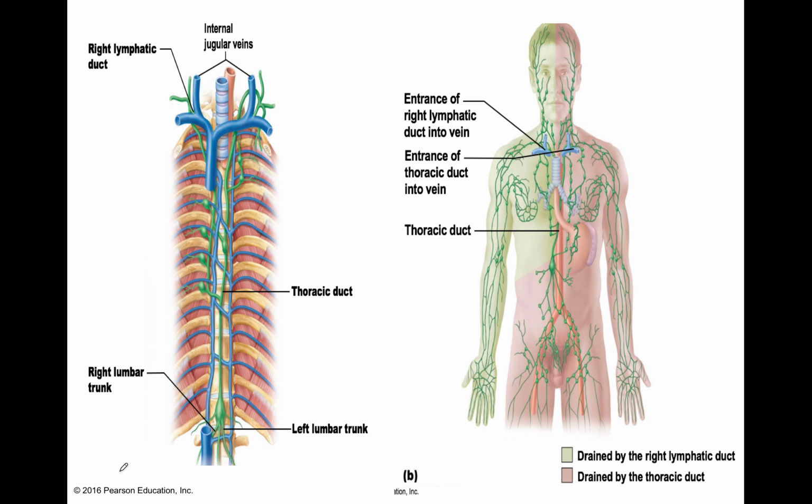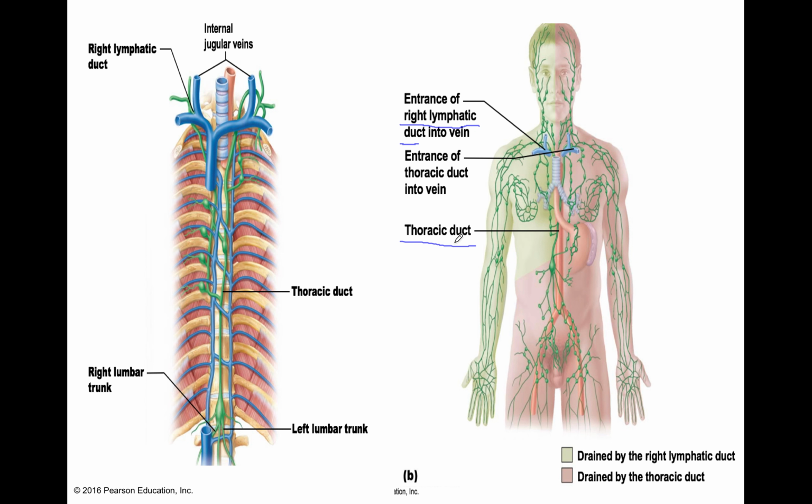So if you take a look at the areas shaded in green, which is the right side of the head, neck, thorax, and your upper limb on the right hand side, that is collected into your right lymphatic duct. And if you're talking about the rest of the body, which is in a pink color, that is collected by the thoracic duct.